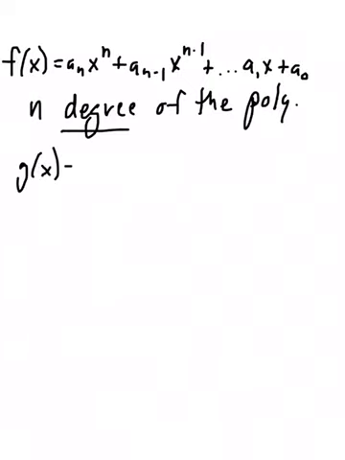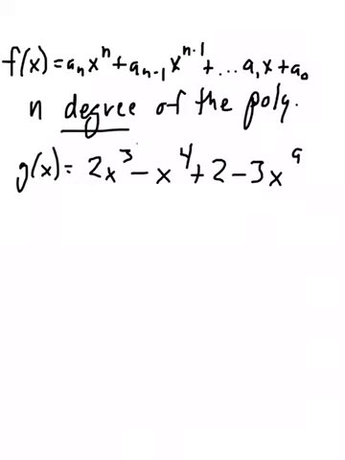So let's take a polynomial g of x is equal to 2x cubed minus x to the 4th plus 2 minus 3x to the 9th. So we have a jumbled sequence of exponents. We have the 3rd, we have the 4th, we have actually an x to the 0 power right here. The 2, there is no x there, so it's just the constant value 2. Then we have x to the 9th.